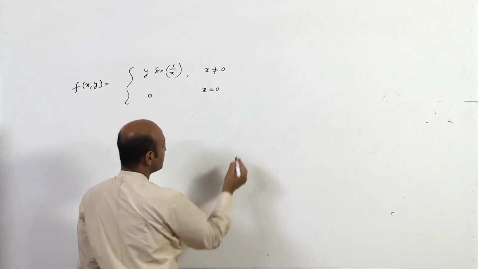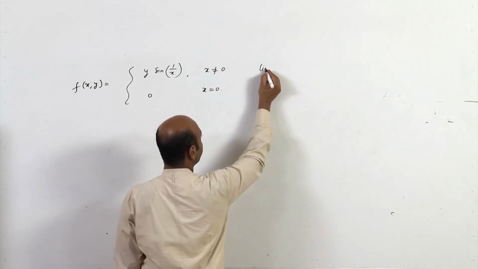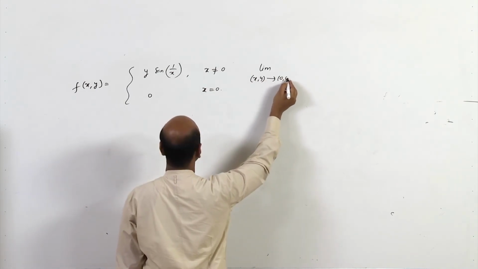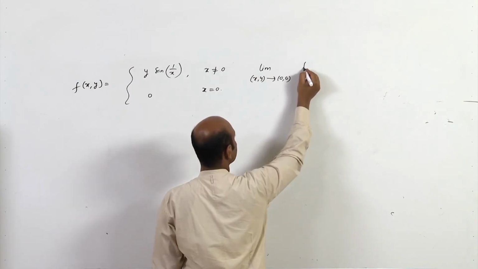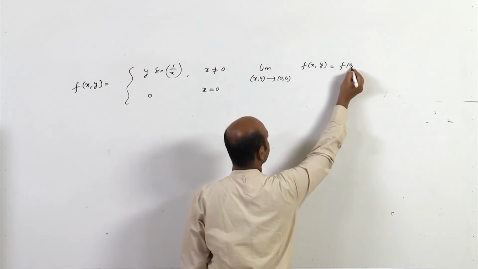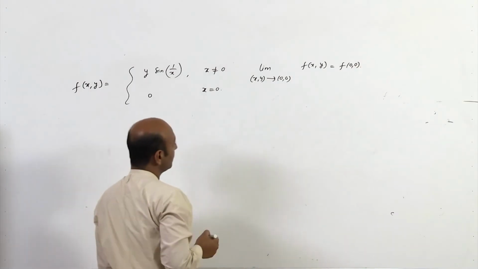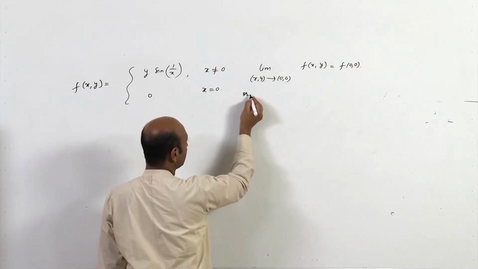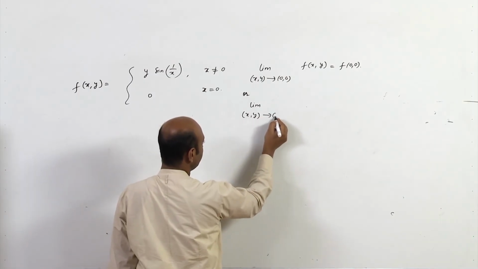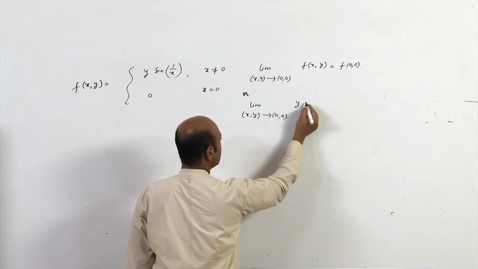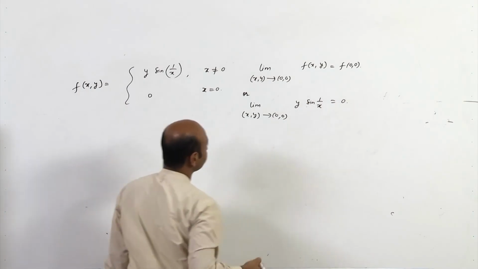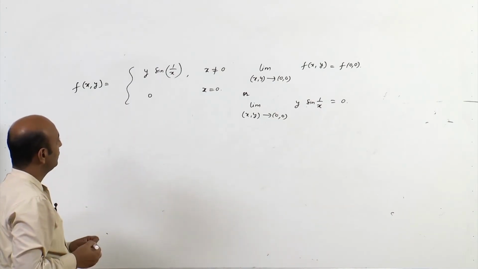So, again we will see whether the limit as (x, y) tends to (0, 0) of f(x, y) is equal to f(0, 0) or not, or whether the limit as (x, y) tends to (0, 0) of y sin(1/x) is equal to 0, because when x is 0, the value is 0.